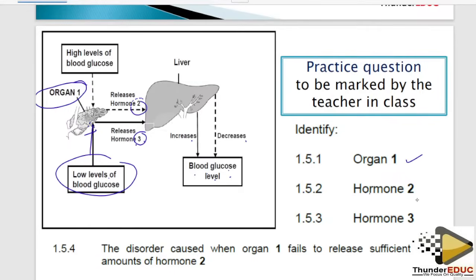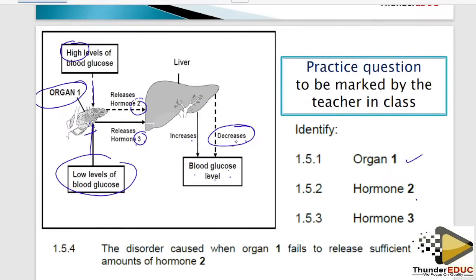Hormone 2. Where is hormone 2? You have a high level of glucose. What do we need? You see the last statement: if there is an increase in the level of glucose, the last statement must be decrease. Because here they say high level of glucose, the last statement here is low level.